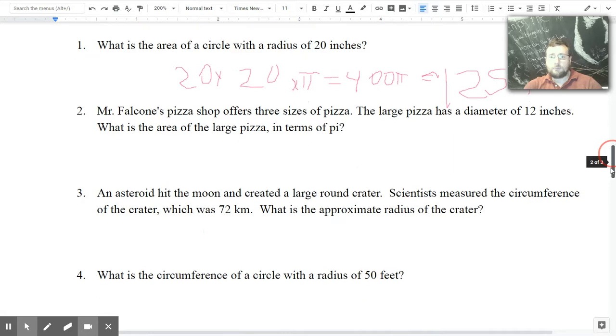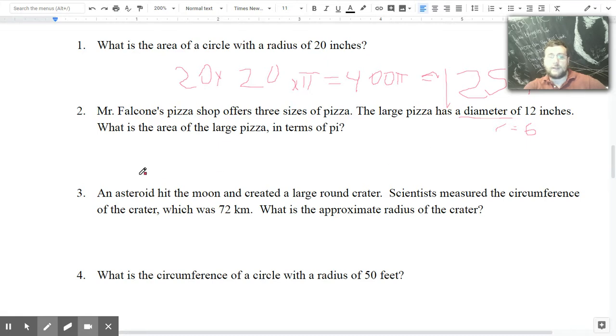Let's try another one. Falcon's Pizza offers 3 slices of pizza. A large pizza has a diameter of 12 inches. What is the area? So here you have to be careful. They're giving you the diameter, but the area has to be in terms of radius. So I have to first find the radius, but that's pretty easy because radius is just diameter divided by 2. So that means the radius would be 6.